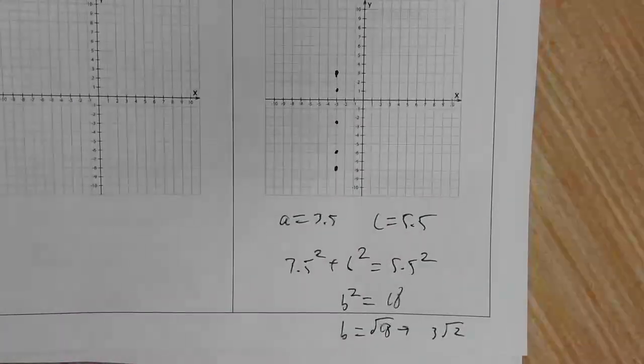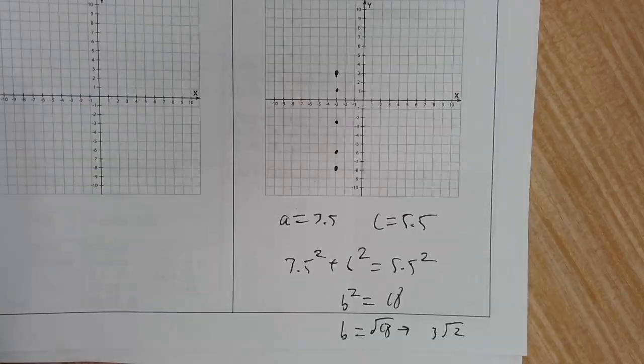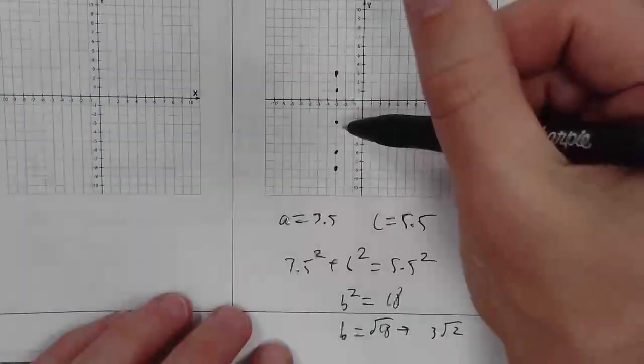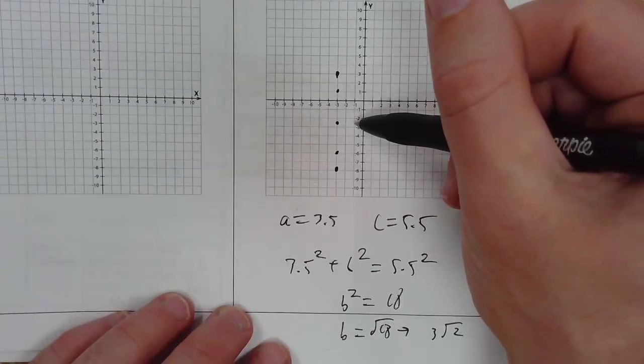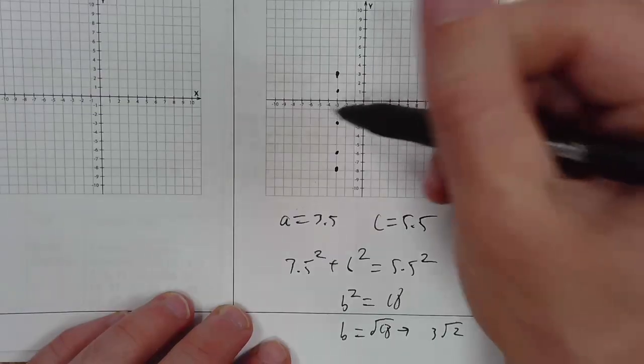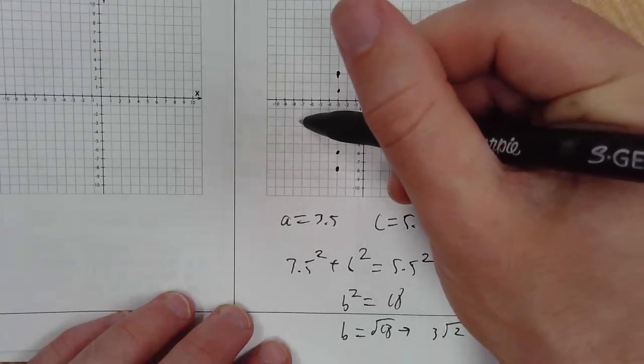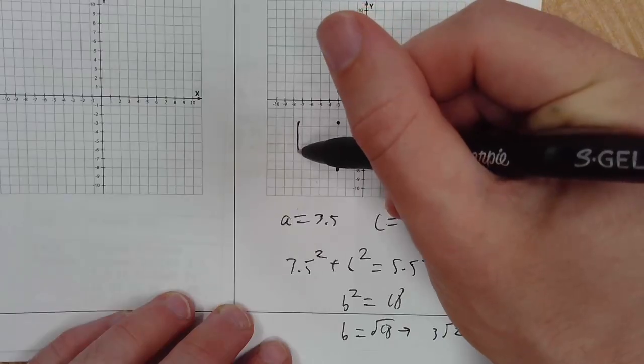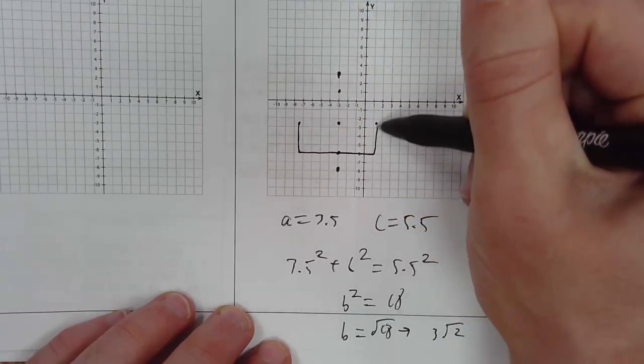What is that roughly? It's a decimal, 4 and a quarter roughly. So if this is our center, we'd go 1, 2, 3, 4 and a tiny bit, and then 1, 2, 3, 4 and a tiny bit. And there we have our rectangle.